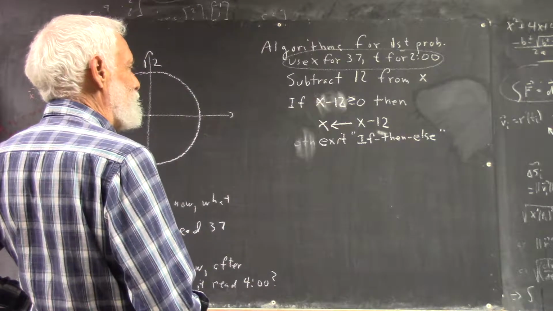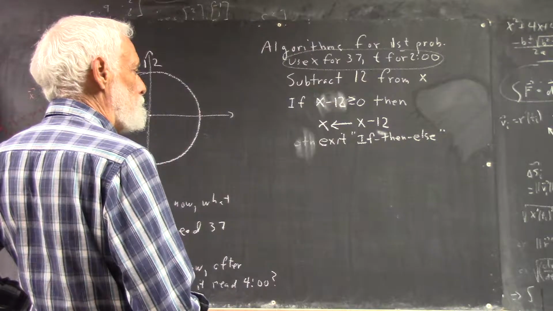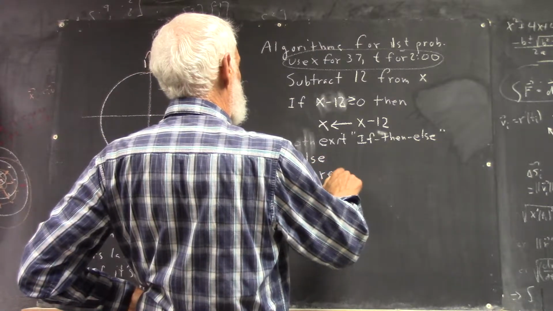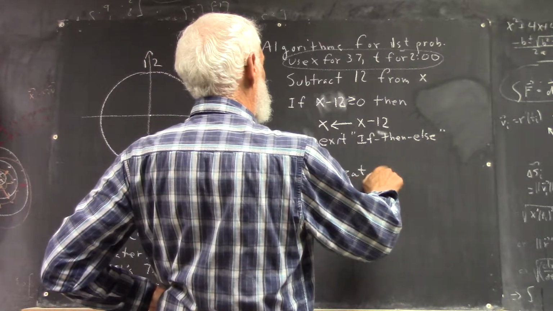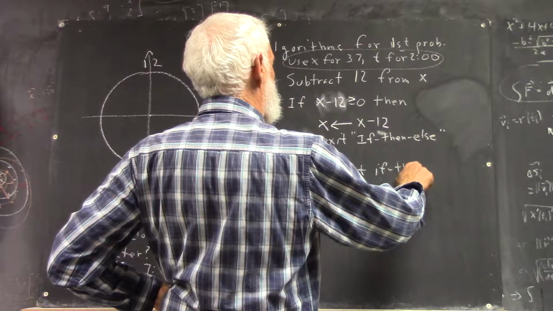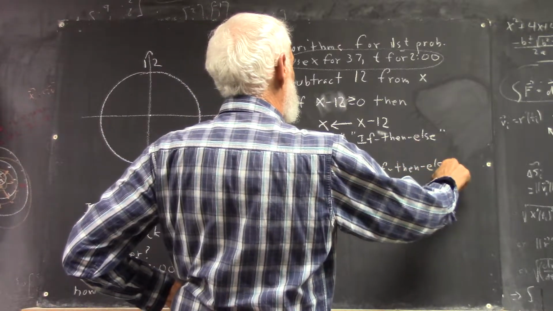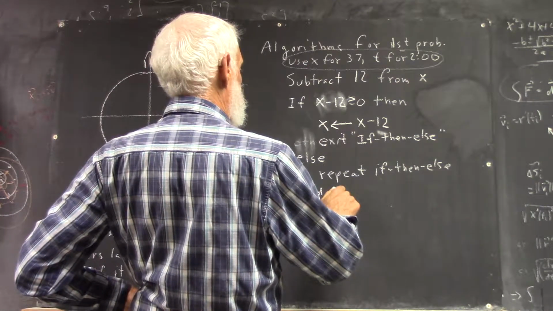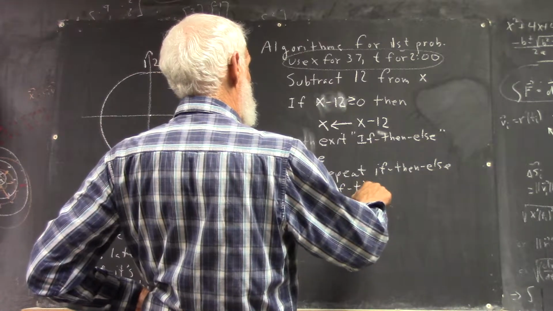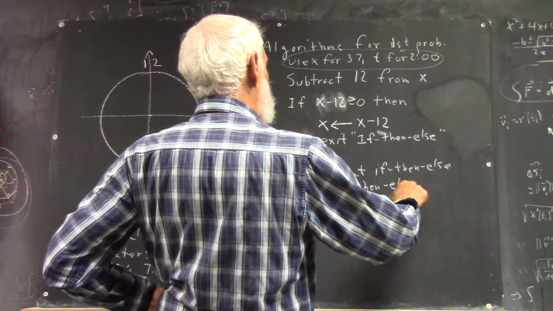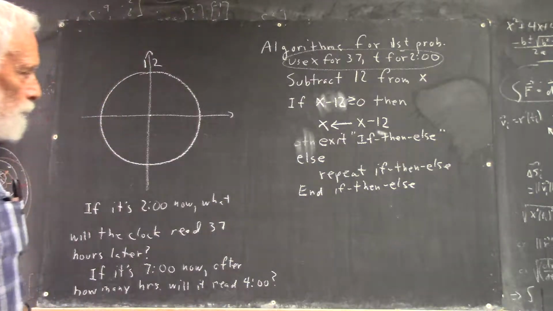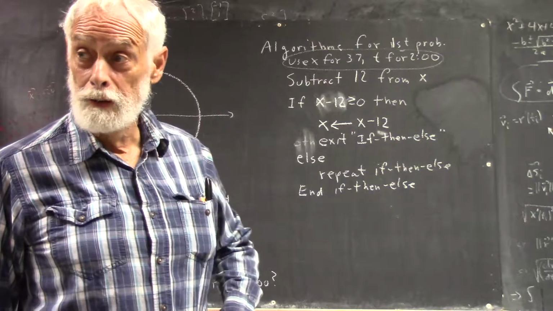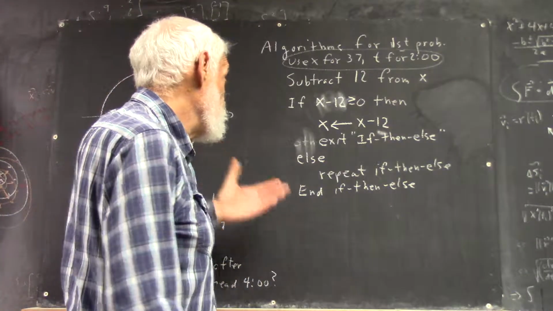That's basically what it means. So if this is the case, you do this. If it's not the case, Oh, I understand. Okay, my intention was to give you sort of a clumsy algorithm, and I'm doing a better job of it than I intended to. Okay, that's okay.